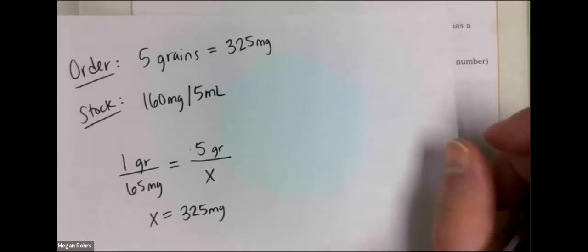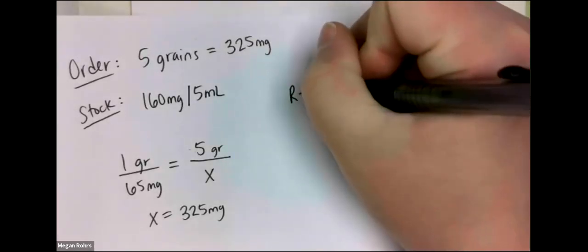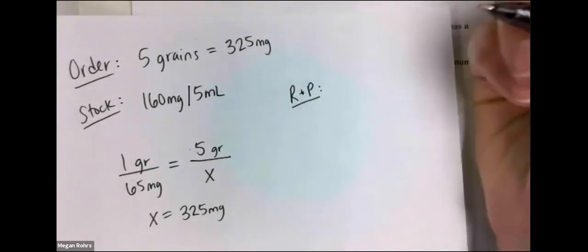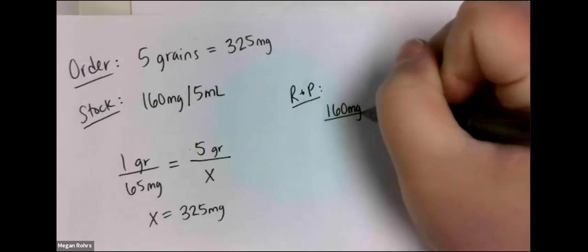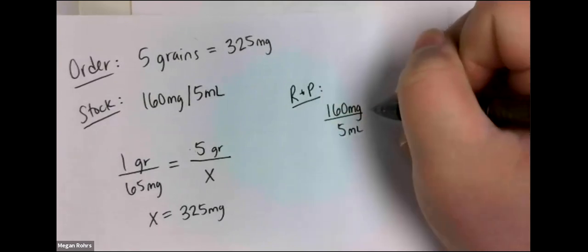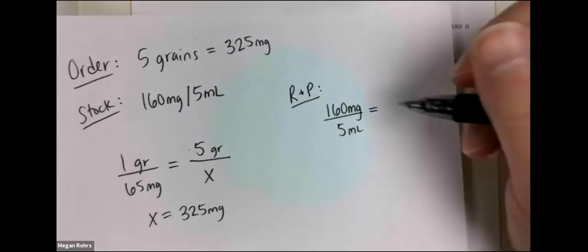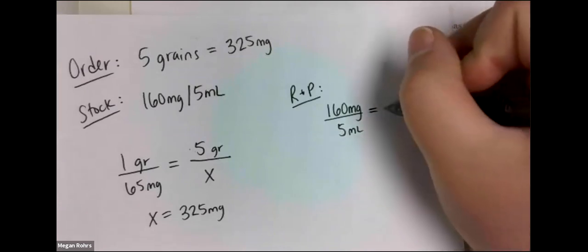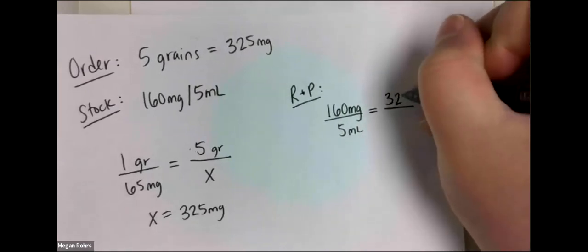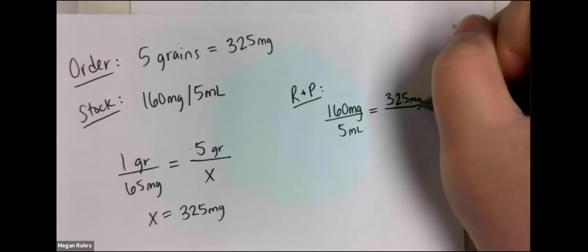So first, I'll use ratio and proportion. So we have in stock 160 milligrams per 5 mL suspension, and we need 325 milligrams. So set that equal here. So milligrams equal milligrams.